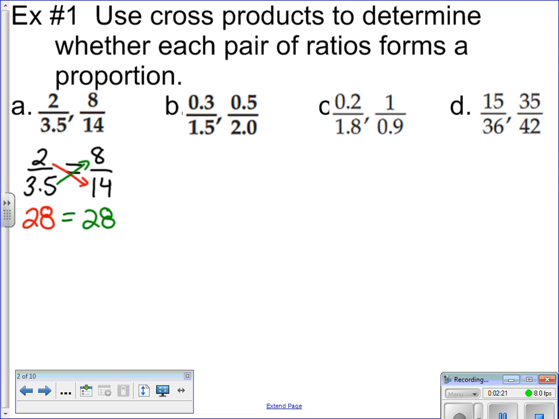Now, since both of these numbers are equal, that means that it is a proportion. If they were different, it would not be a proportion. So take a moment and cross multiply and see if each one of these is a proportion.